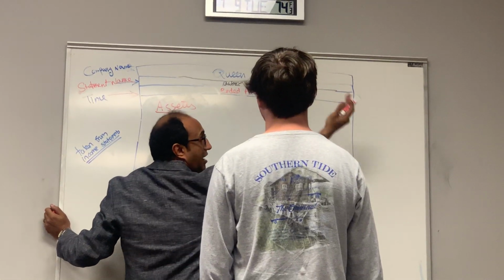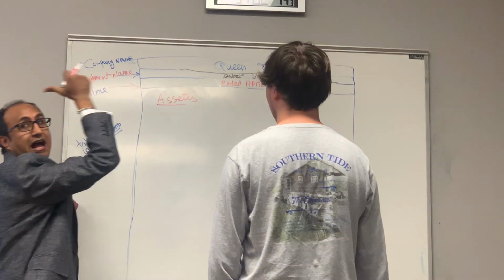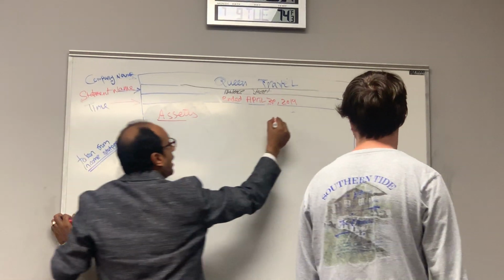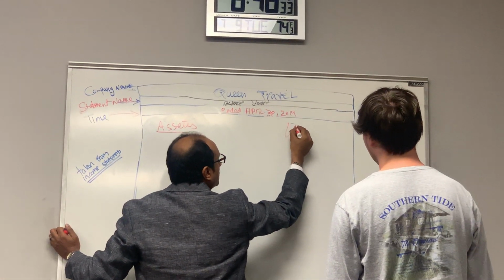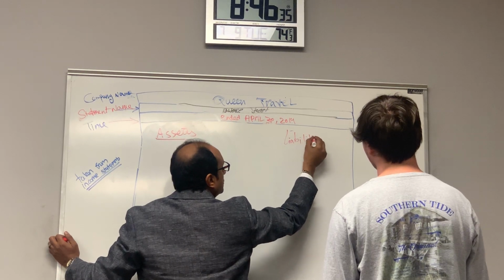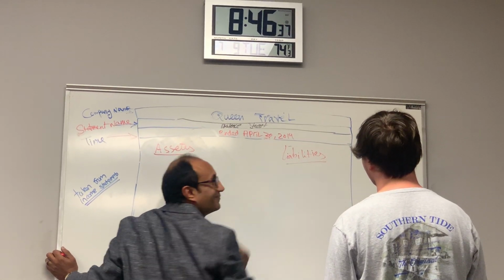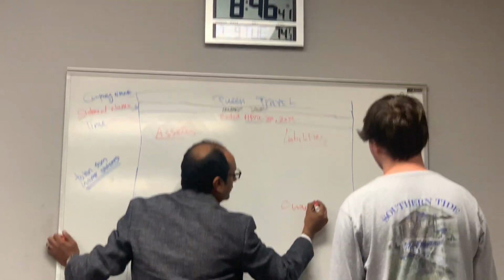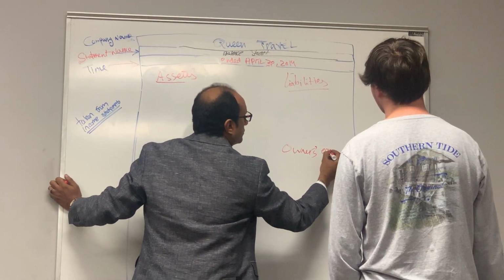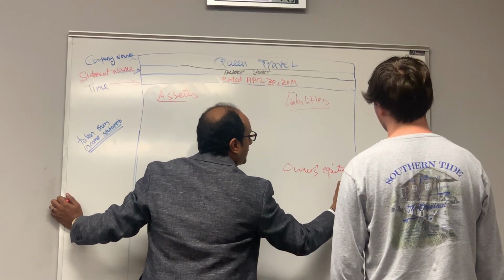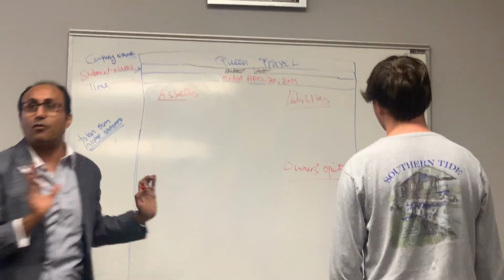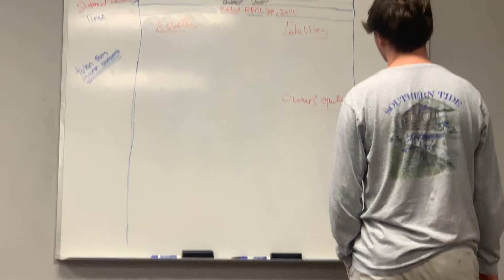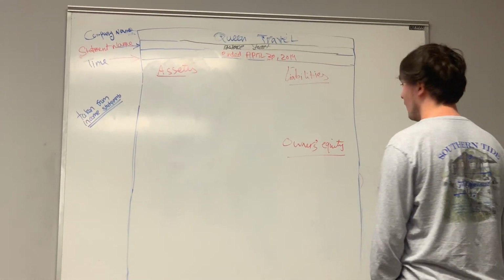The second section, on the right side as in the accounting equation, liabilities. And here, owner equity. See, easy now. We have 3 sections as in the accounting equation.